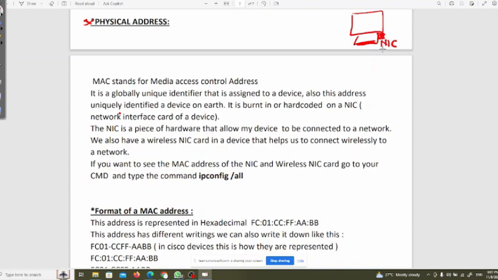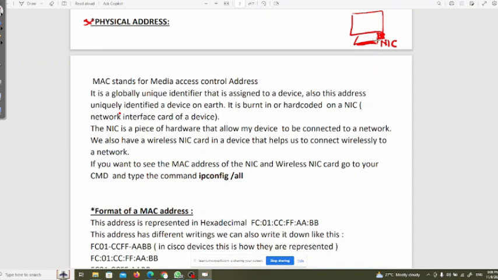But now, on that network interface card is hard-coded an address that we call a MAC address, and that MAC address is there for the purpose of identifying this laptop uniquely in the whole world. Meaning that the MAC address assigned to the network interface card of this device will be the unique one.